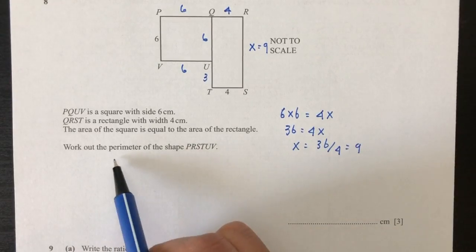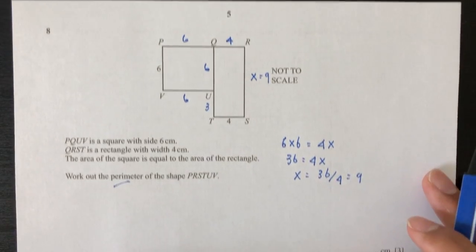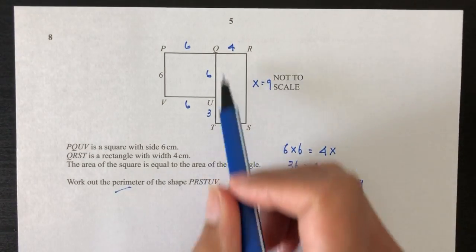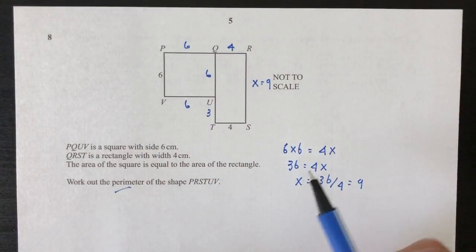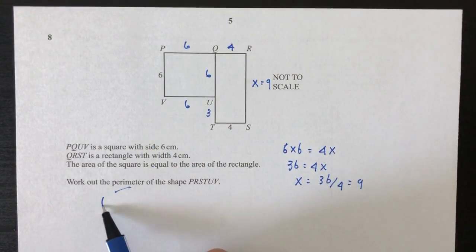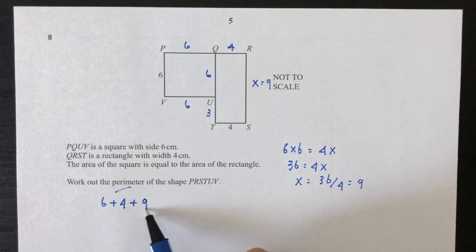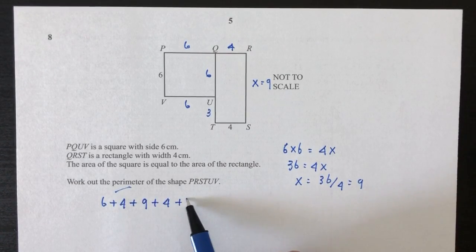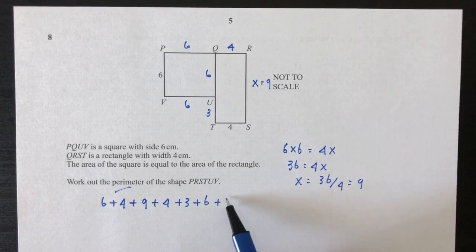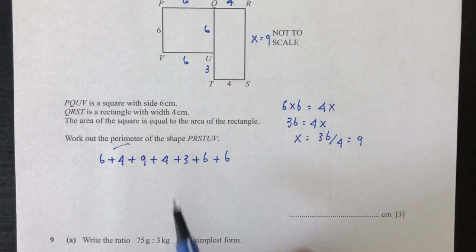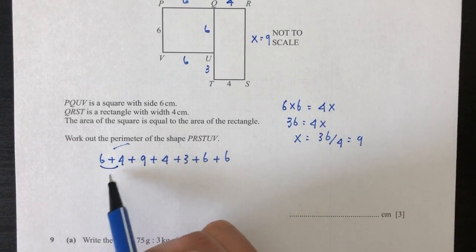Question is, work out the perimeter of PQRSTUV. So the distance around, that will be what? So start with 6 plus 4 plus x plus 4 plus 3 plus 6 and plus 6. Now if you simplify, 6 plus 4 will be 10.